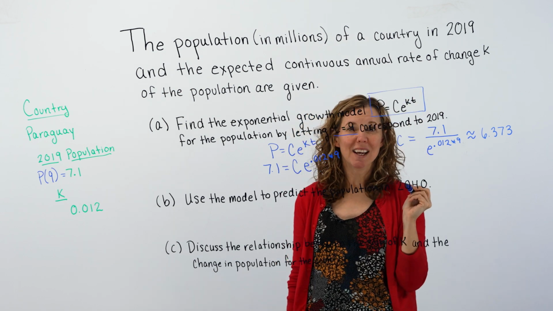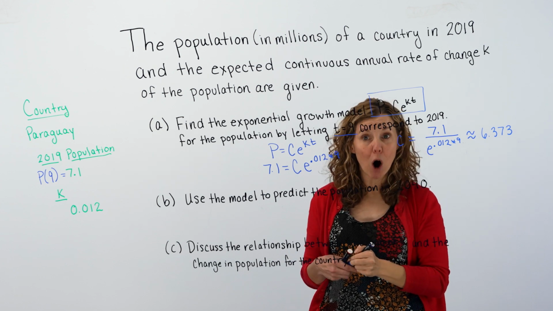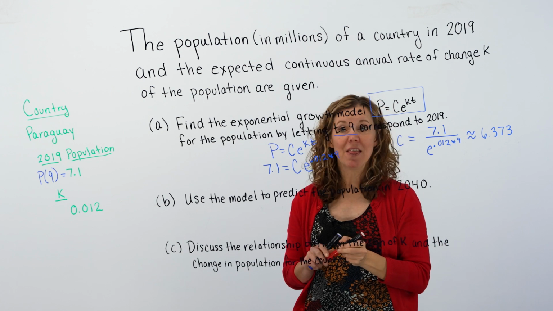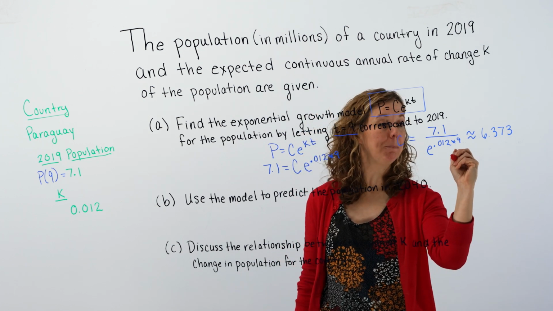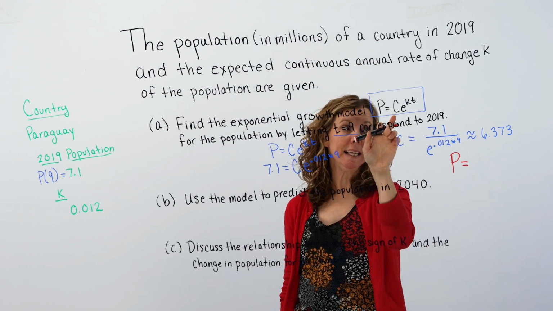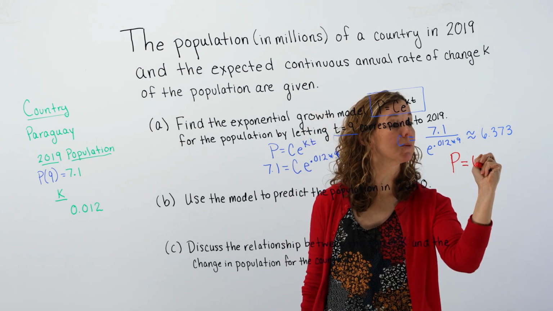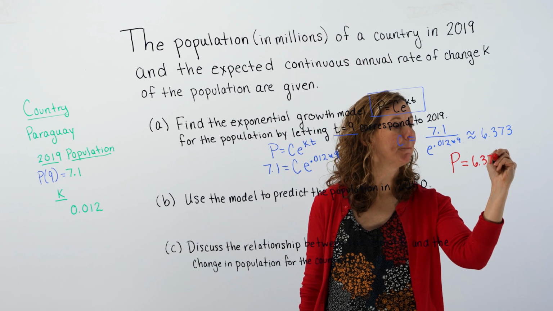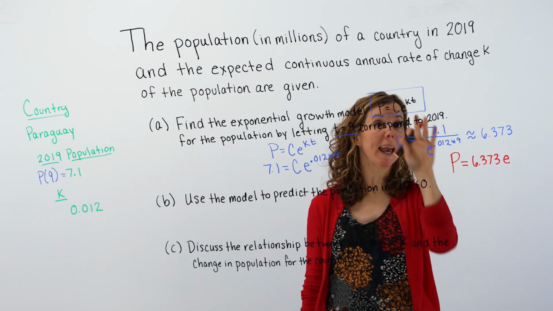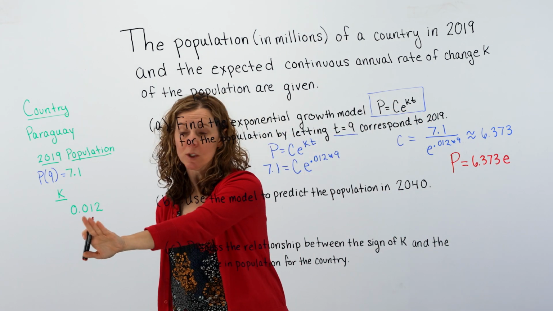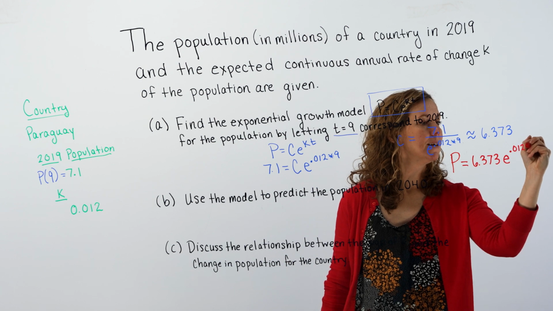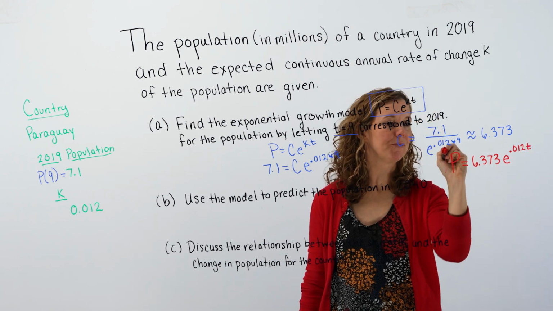So this is our initial value, or our C value, which allows us to go back to the exponential growth model and write an equation that will model the growth of Paraguay at any year that we want to know. That equation will be P equals our value C, in this case 6.373, times e to the k, which remember we were given was 0.012, times t power.